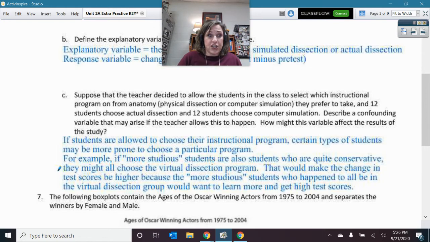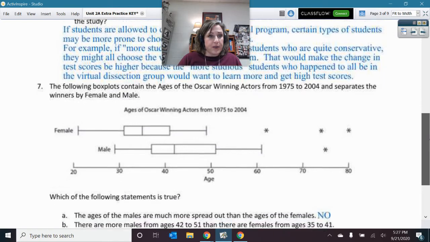That would make the change in test scores be higher because the more studious students happen to all be the virtual dissection group who want to learn more and get high test grades. So they're going to do better because they're the more studious, making sure that they know the material. All right. So giving a specific example there.